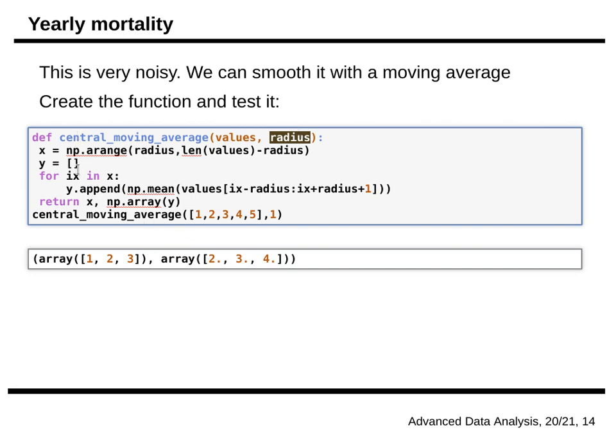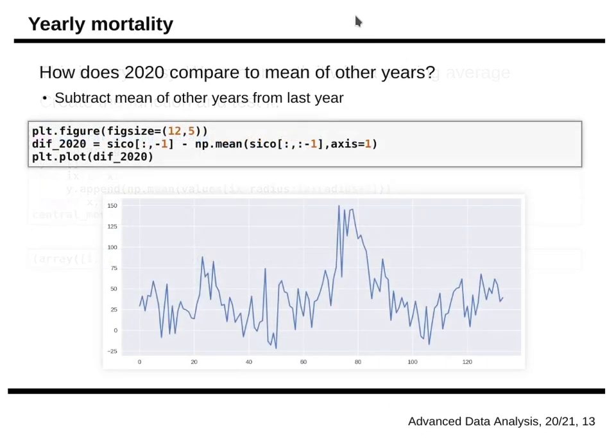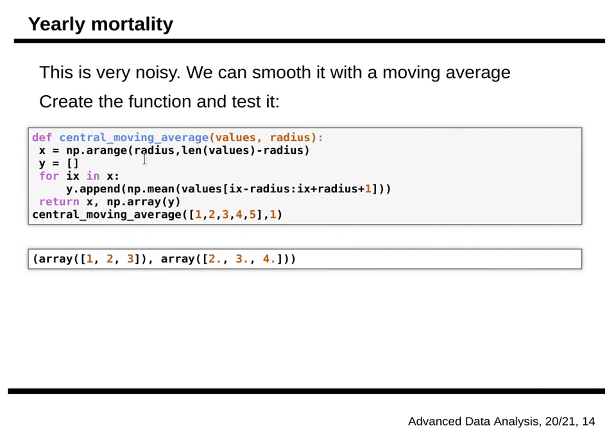We're going to start by creating a new set of x values, because if we compute a moving average by going, for example, 3 to the left and 3 to the right, we cannot do that for the first point because we have nothing to the left, or for the last point because we have nothing to the right. So actually we can compute the moving average for a subset of our data starting from the radius.